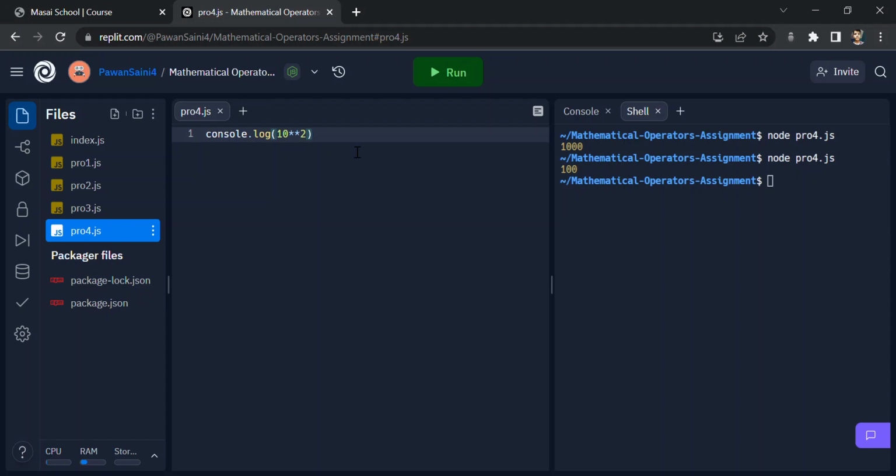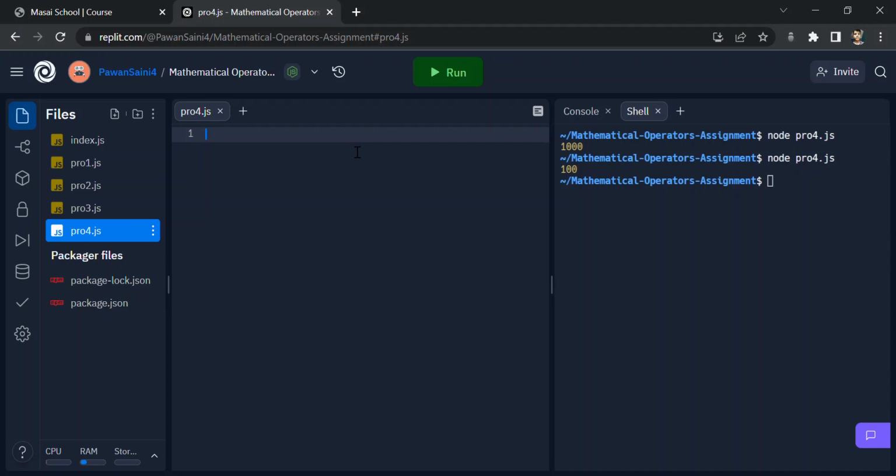Now we know how to get the square and the cube in JavaScript with the help of the exponentiation operator. But what happens if we have to get the square root of a number? Let me tell you what we have to do.